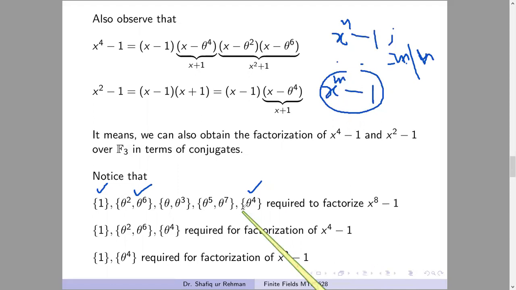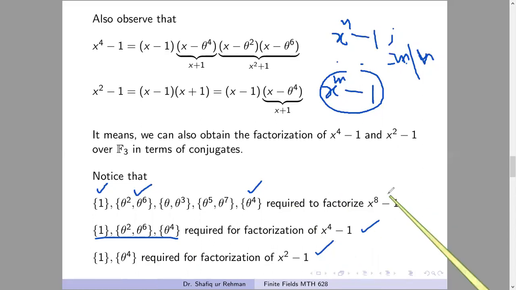In general, when we work with other polynomials, not x power 8 minus 1, for the sake of convenience there should be some criteria to decide these sets of conjugates, because if we know the sets of conjugates, we can easily factorize by using the minimal polynomial of the primitive element. But the difficult part is to decide the sets of conjugates for these polynomials.